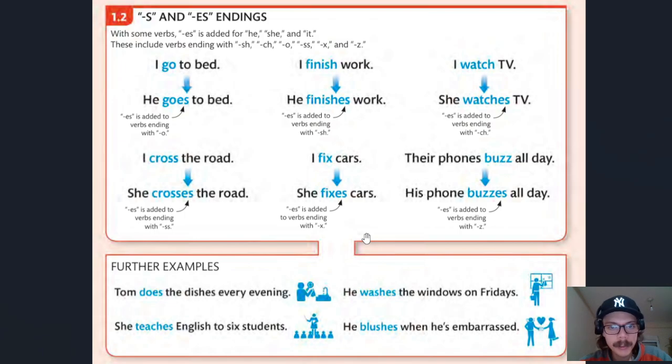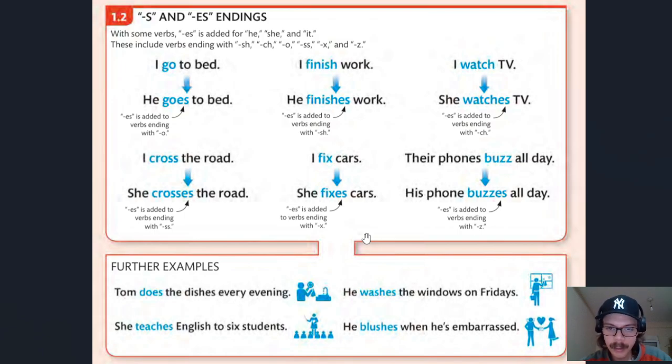When the letter before Y is a vowel, like in say, it just follows the same rules that we've seen so far. So you can say, she says, you just add the letter S, right? She says, he says, and it says.